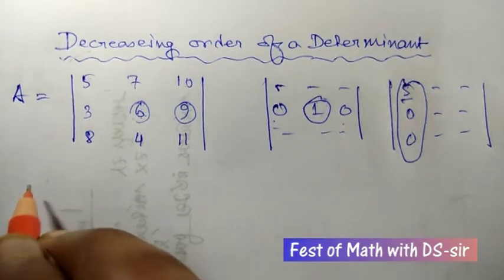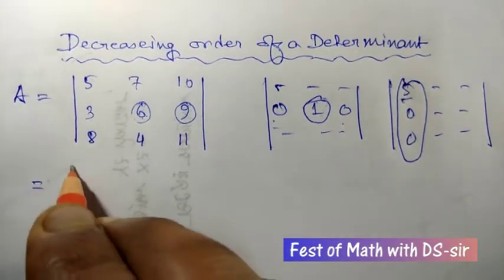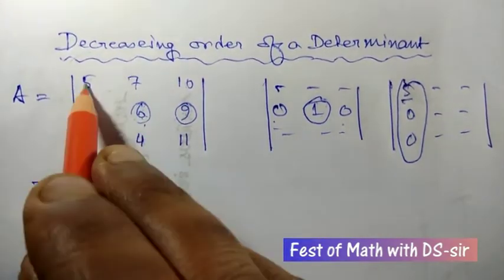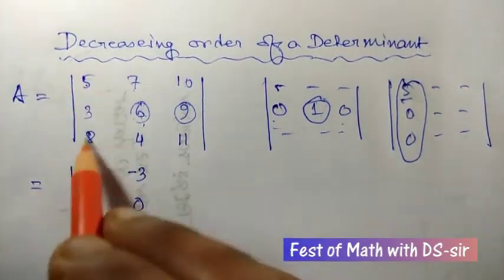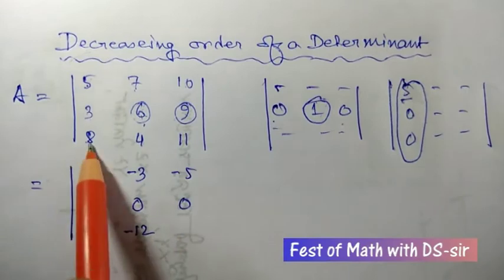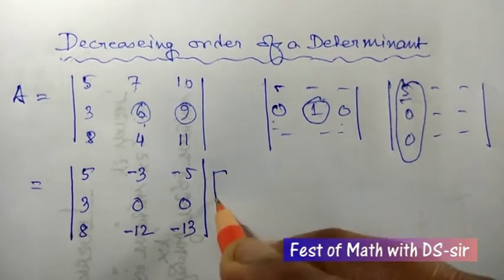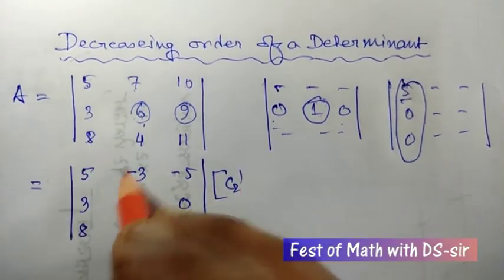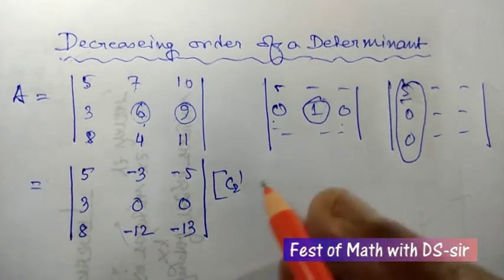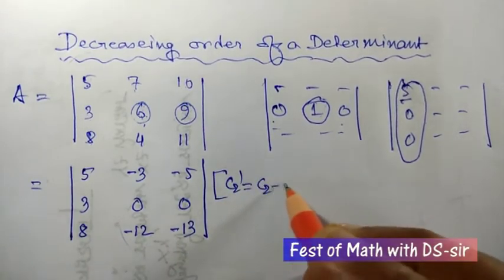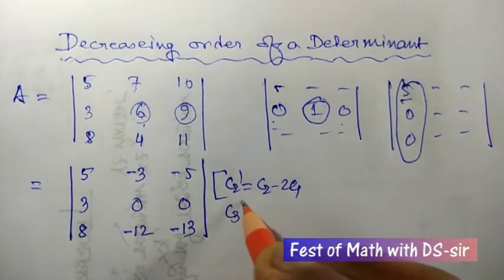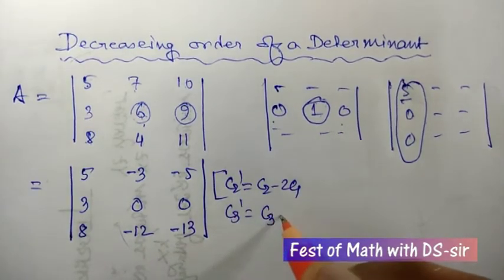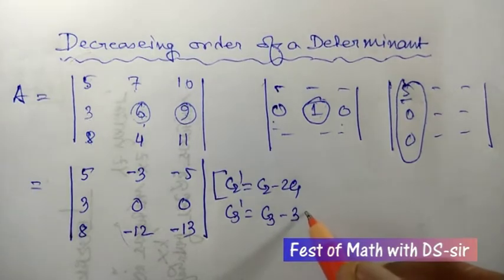So this is a property. I will apply this. What I did: C2 dash, the new column, is C2 minus 2C1. C3 dash is C3 minus 3C1.